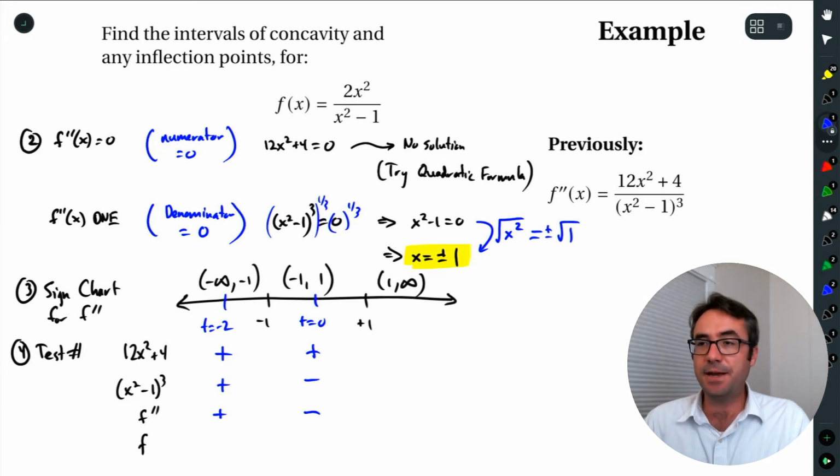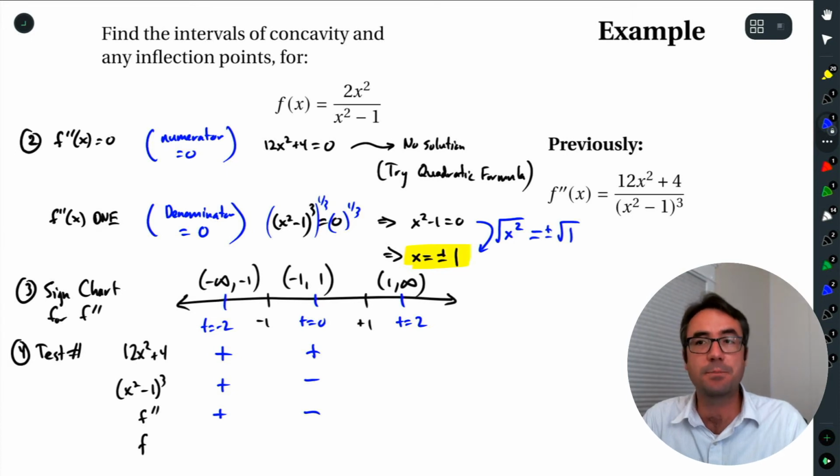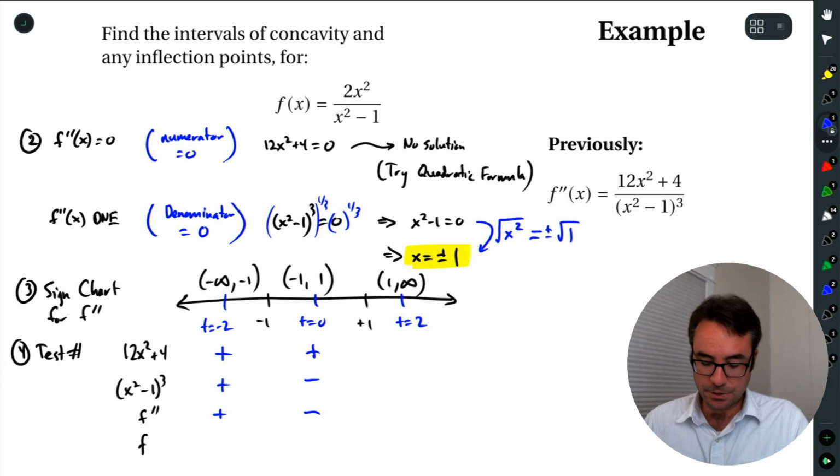All right, so then finally we go to the last interval, the interval from 1 to infinity. Pick a test number, anything in that interval. So 2 is a perfectly good number to use. And then we're just going to go through and plug it into each of these pieces. When we plug 2 in here, we get 12 times 4 plus 4, which is 52.